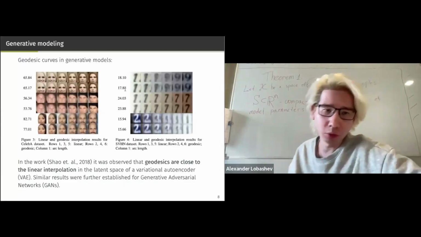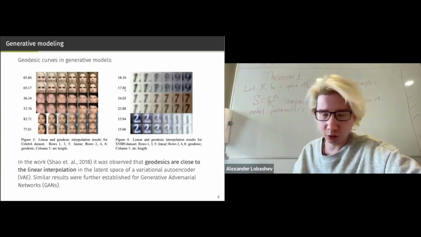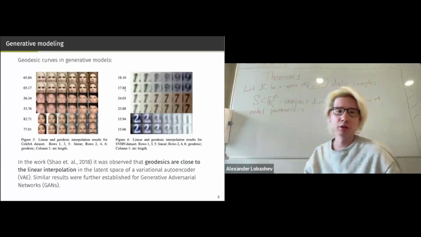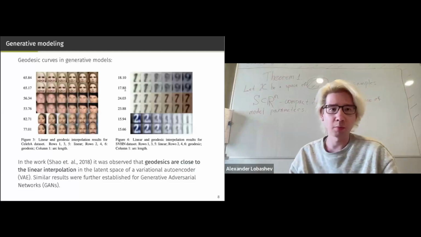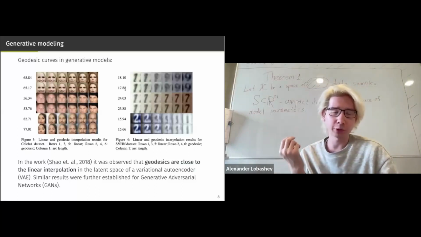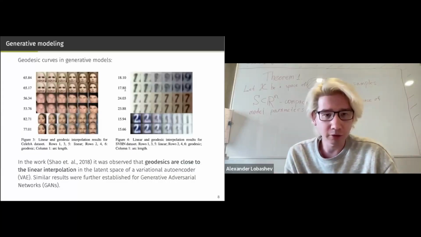Okay, so now let's talk a bit about generative models. We have two main types of generative models. First are variational autoencoders, and second are generative adversarial networks.